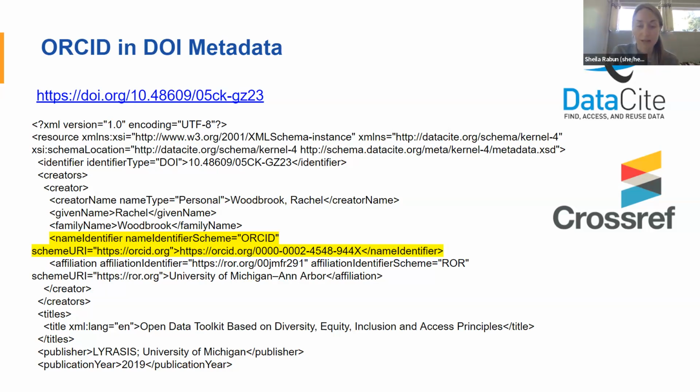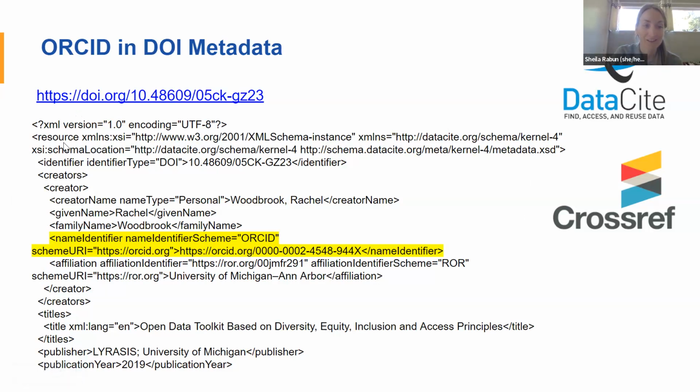So we'll talk about this. Crossref and DataCite are the two main DOI registration agencies that are used, especially in North America, for any type of publication, or in the case of DataCite, other types of outputs too that can get assigned a DOI. So once these ORCID IDs are connected to the publisher, they can be included in the DOI metadata.